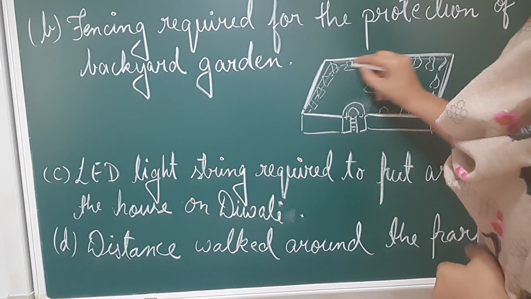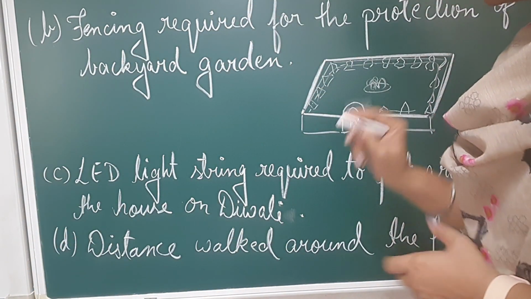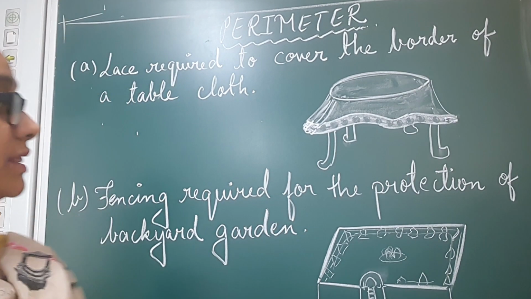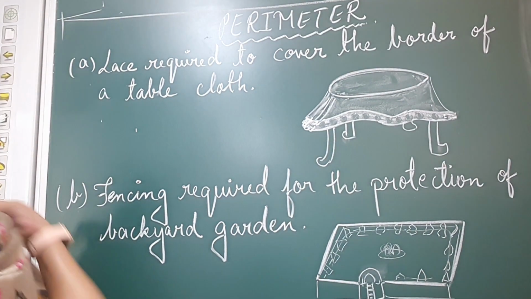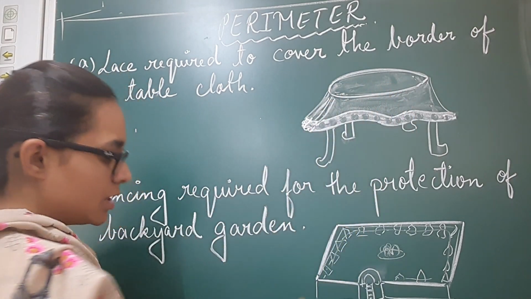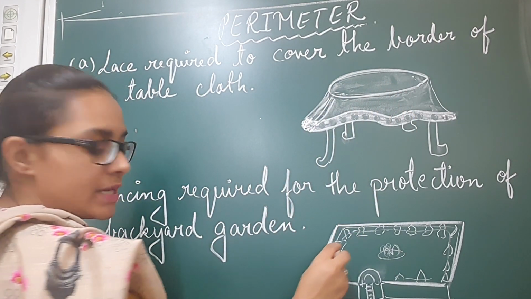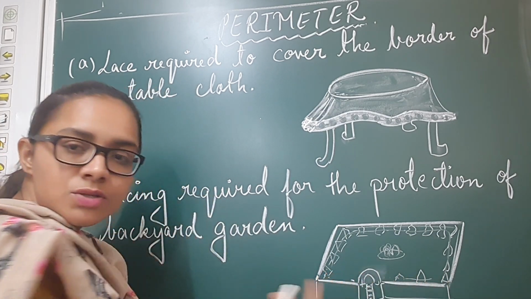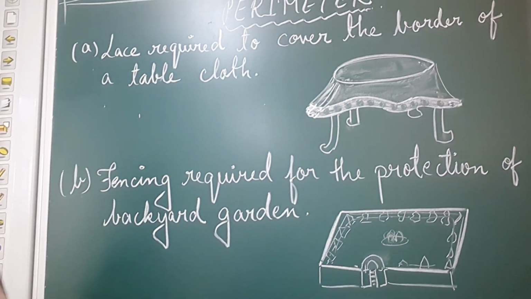For all these things, what do we want to know? We want to know the length of the boundary. The length of the boundary of this tablecloth. The length of the fencing, the rectangular backyard park to do the fencing.